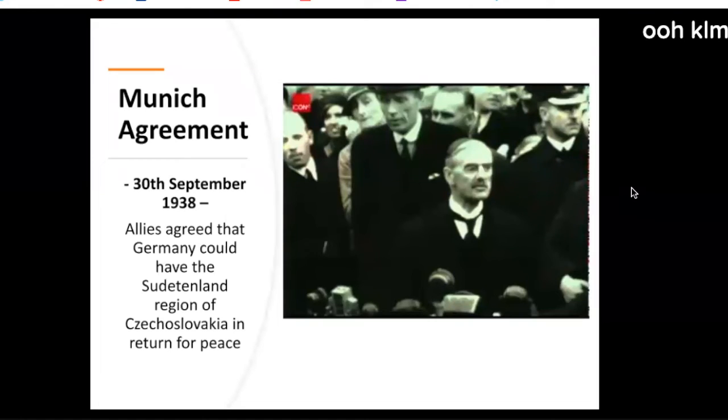Hitler claims that if the Sudetenland is not handed over to him by Czechoslovakia, he is willing to use force. And so at this conference with Prime Minister Neville Chamberlain, they're going to give Hitler exactly what he wants, the Sudetenland. Now, Neville Chamberlain was the prime minister of what country? Can anyone venture a guess? Britain. So Neville Chamberlain was the prime minister of Britain.